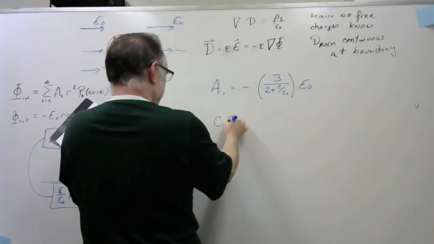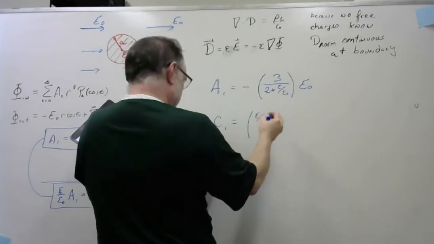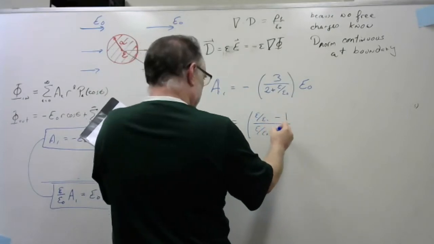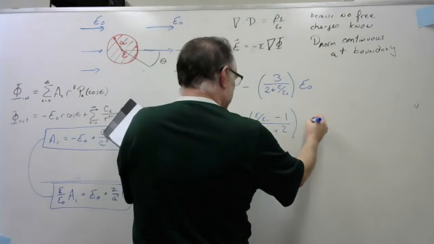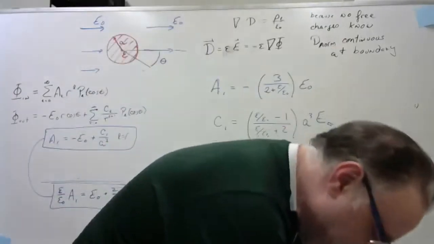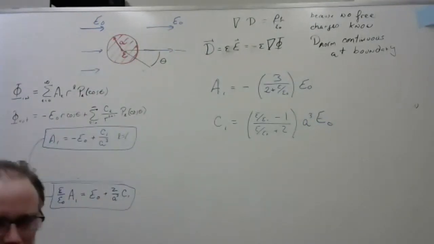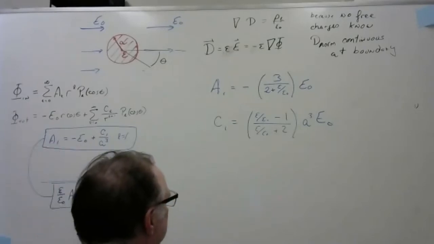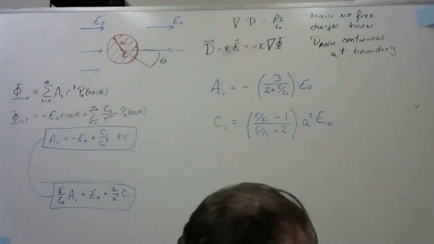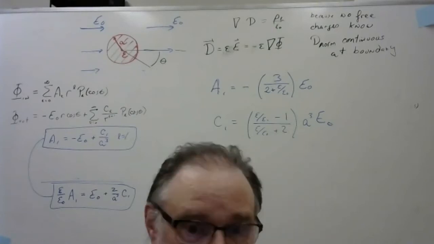And C1 is epsilon over epsilon naught minus 1 divided by epsilon over epsilon naught plus 2 times A cubed. All right, let's take a break.